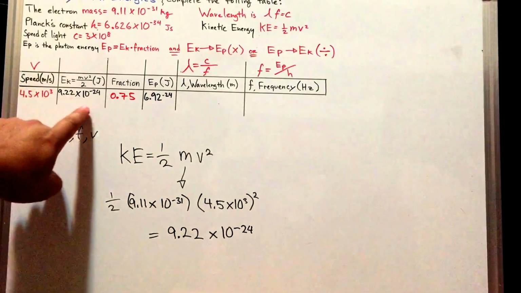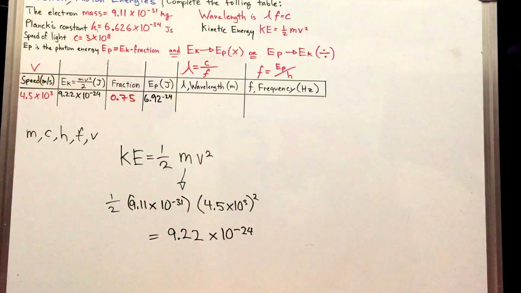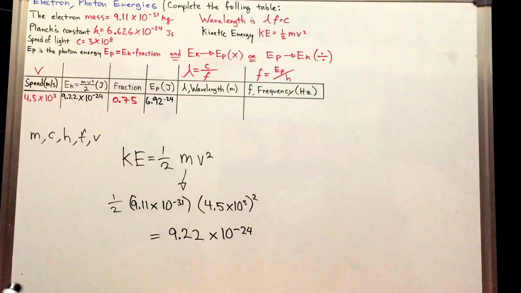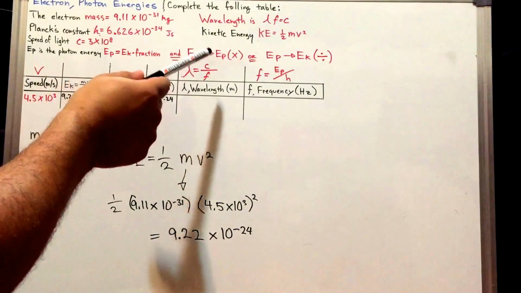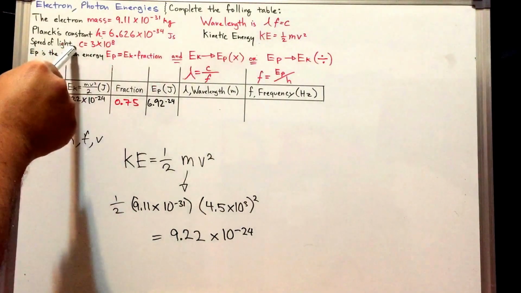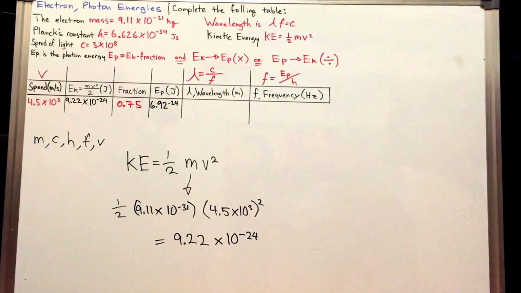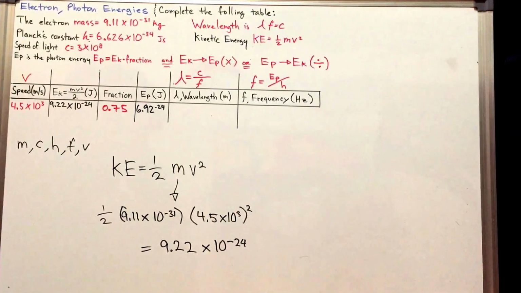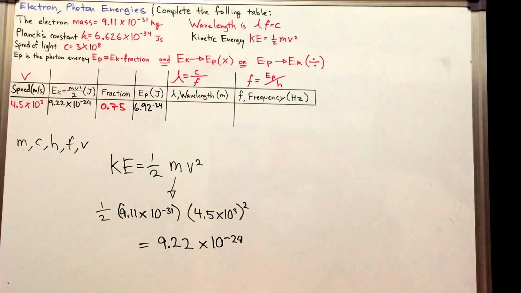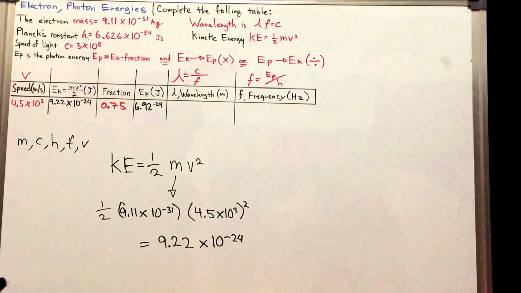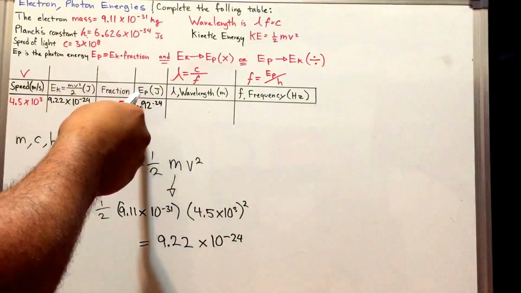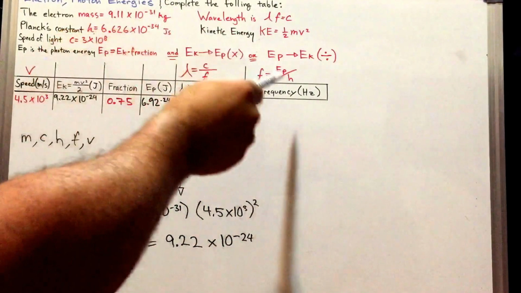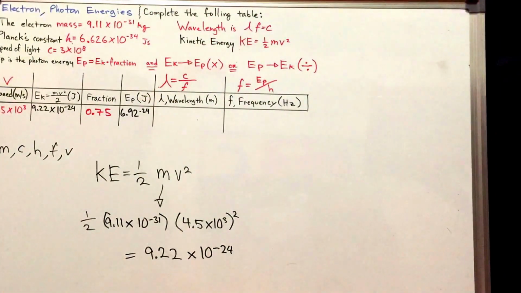Okay. So we have 1, 2, 3, 4, and we have 2 remaining. You'll notice that for the lambda, we have the C, which is the speed of light, but we don't have the frequency yet. So we're going to leave that one last. However, what we do have is the energy photon for frequency, and we have H. So we can solve for frequency.